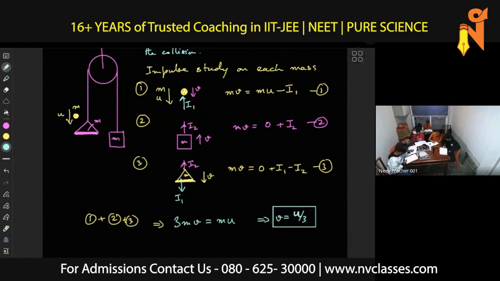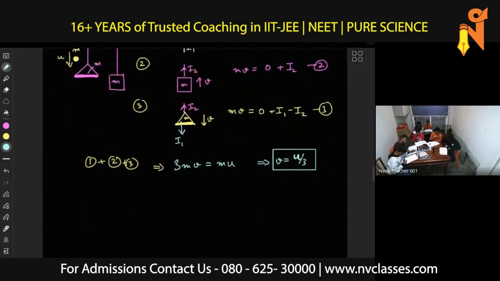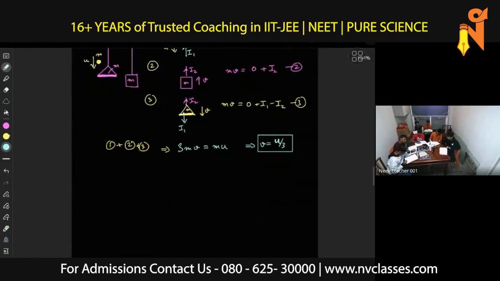You can always think of the whole situation as something like this. Everything flat. The pulley is just making the change of direction. A ball of mass m came with u velocity and hit the tray, which was of m mass, and this is of m mass.